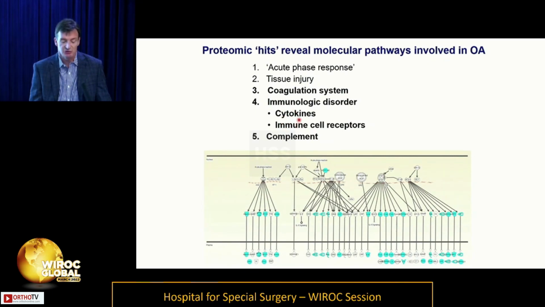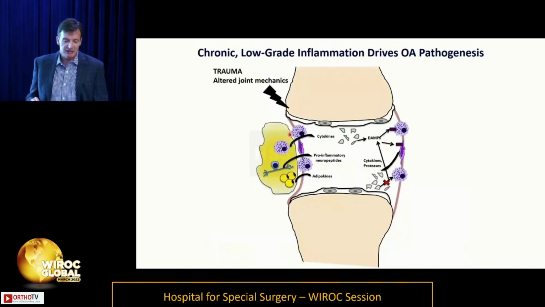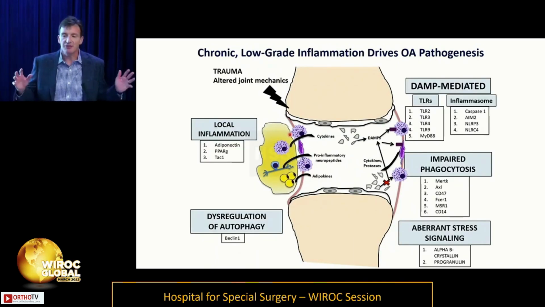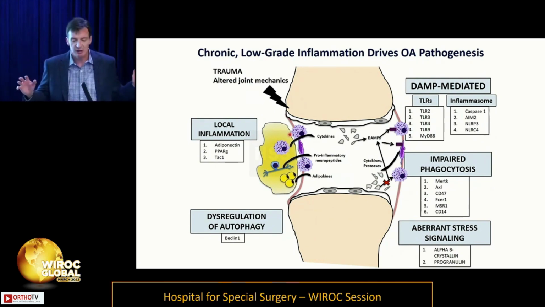I already showed you certain elevations in certain cytokines. I think the data on IL-1 in OA is intriguing, but also confusing. So we'll see what happens there. And then complement was another hit. So based on these results, we started to make models where we hypothesize what immune pathways might be involved.